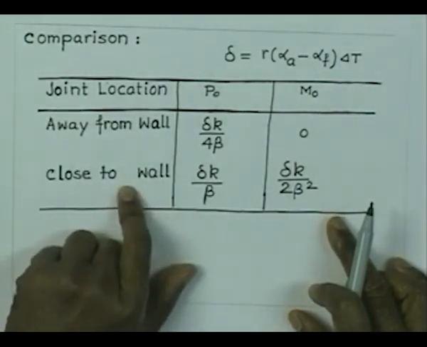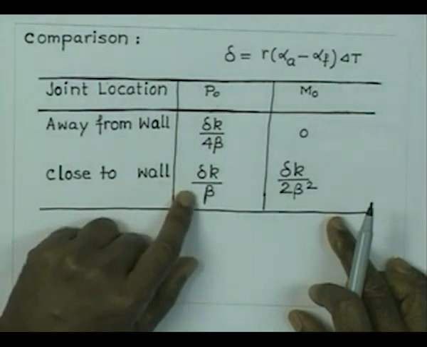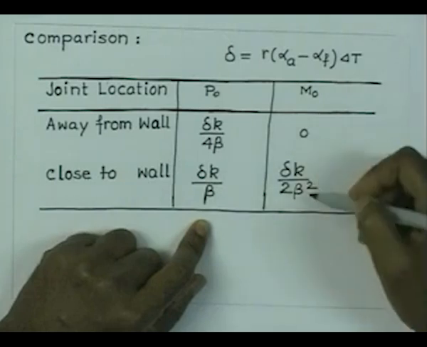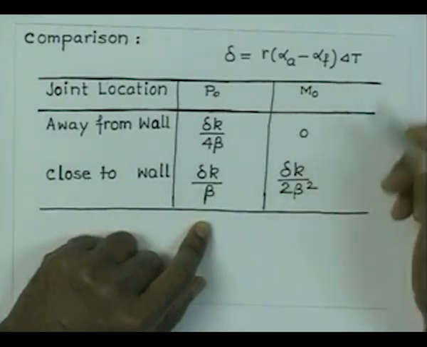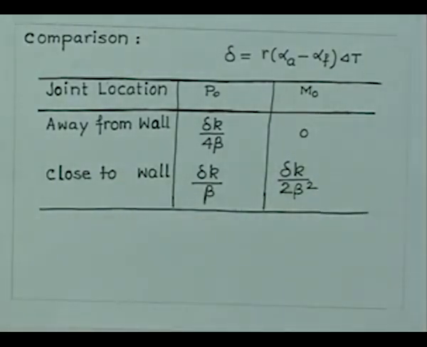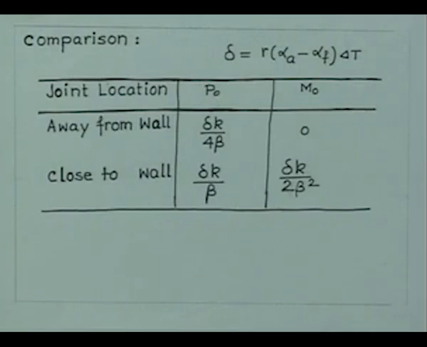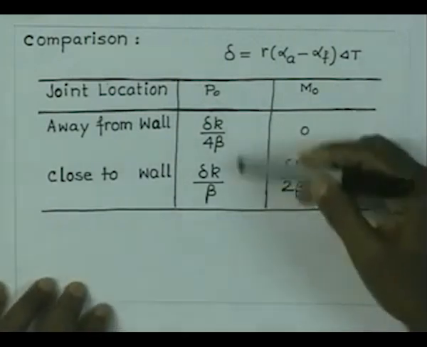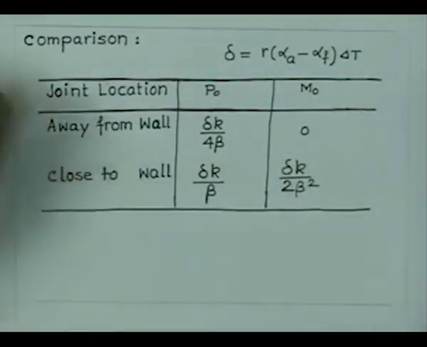So, if you are locating close to the wall, it is giving you a magnification in the force P0 of 4 times, and at the same time you are going to get some bending moment which is non-zero. This is something very important from the point of view of design. And why does it happen in this case? When you have the junction away from the vessel, you have tremendous flexibility coming from both the left, which is made up of ferritic steel, and the right, which is austenitic steel.